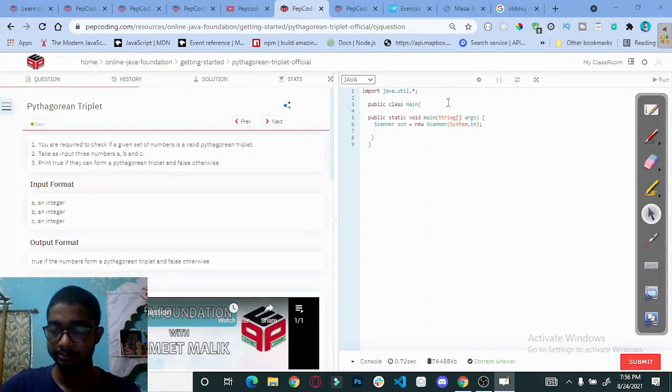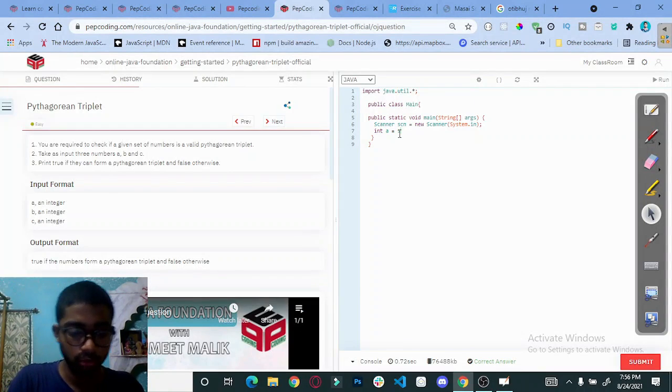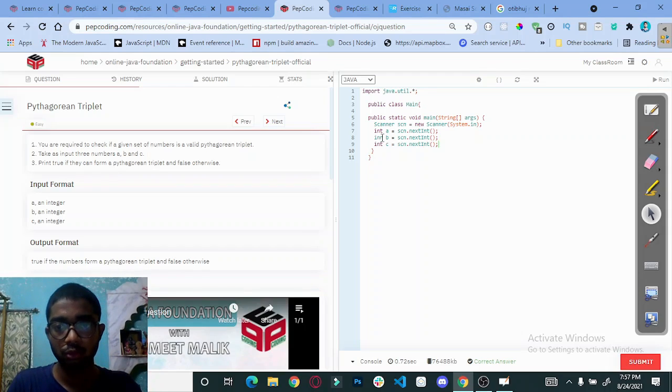Let's now solve the question. int a is equal to scn.nextInt, int b is equal to scn.nextInt, and int c is equal to scn.nextInt. I made a mistake here.